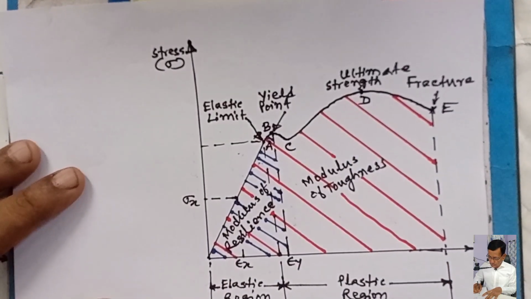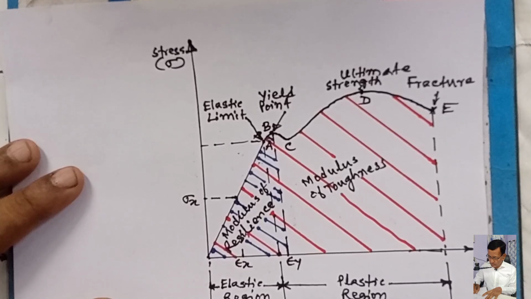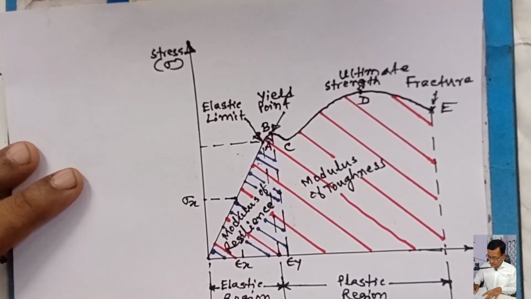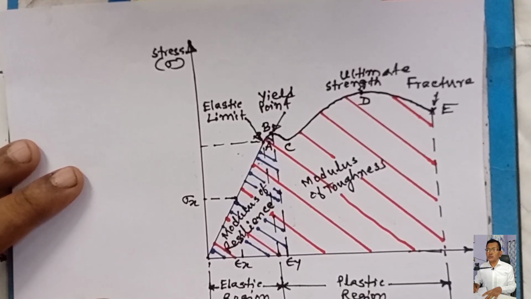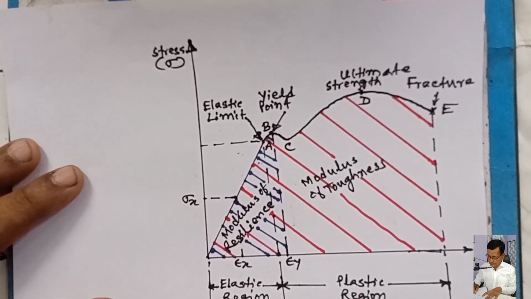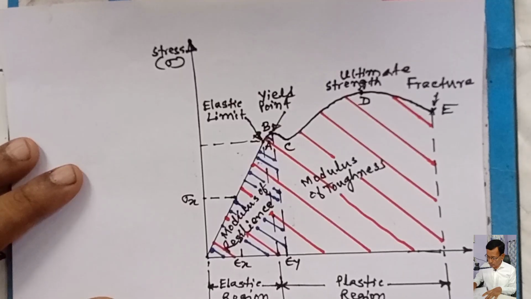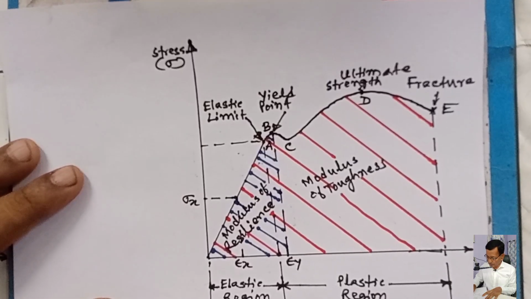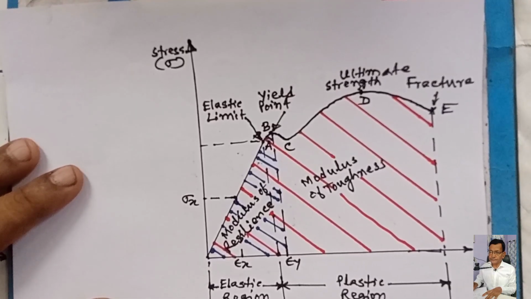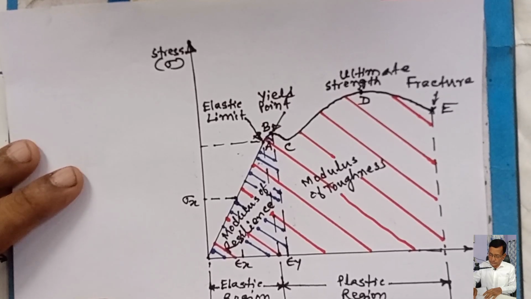So, stress divided by strain is constant. This constant is called Young's modulus, denoted by E.